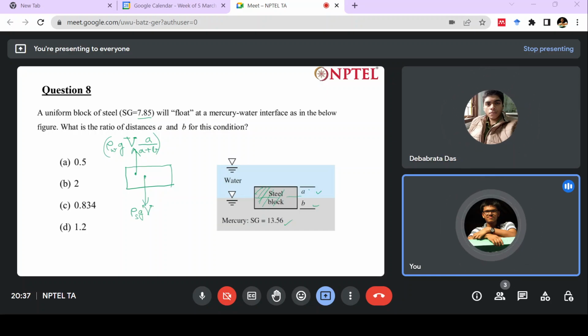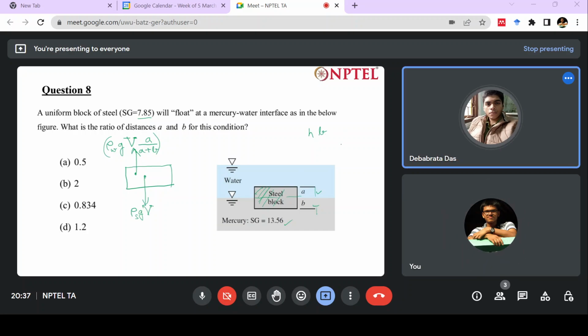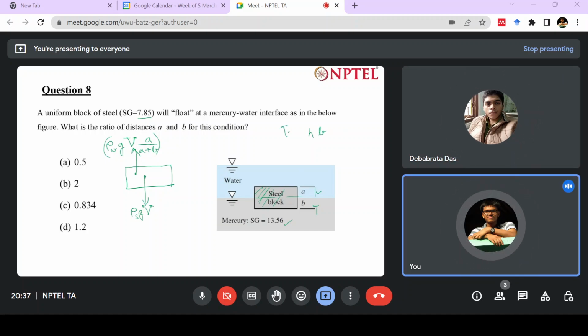If I take the length, let the height and breadth of the steel block be H and B. So what is the volume of this? Volume is H into B into A plus B.